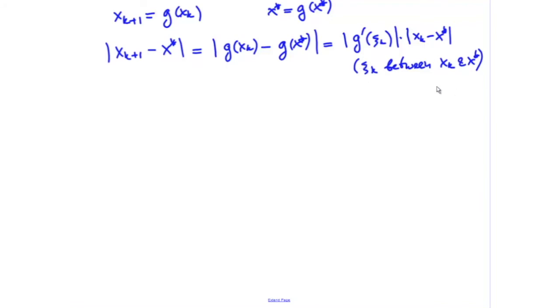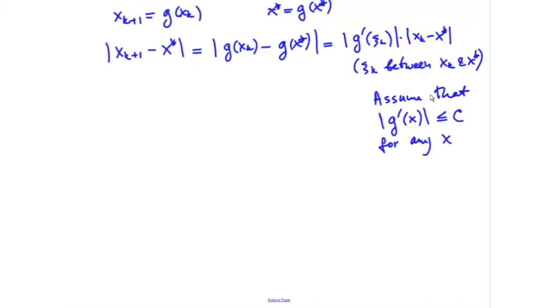So now, this is an important assumption: assume that the absolute value of the derivative of g at x is less than or equal to some constant c for any x.